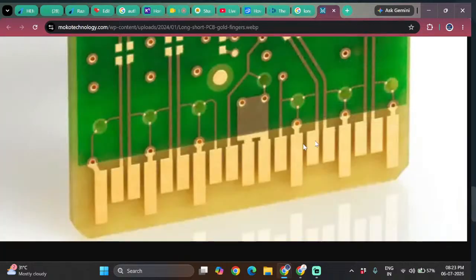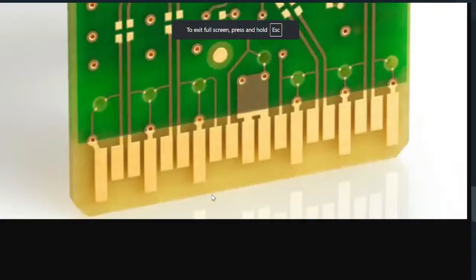So when you are using gold fingers, sharp edges are not allowed. That is the specification, a kind of industry standard. It doesn't matter whether you are using intermittent or segmented, long shot, uneven, standard or flush, whatever you take.